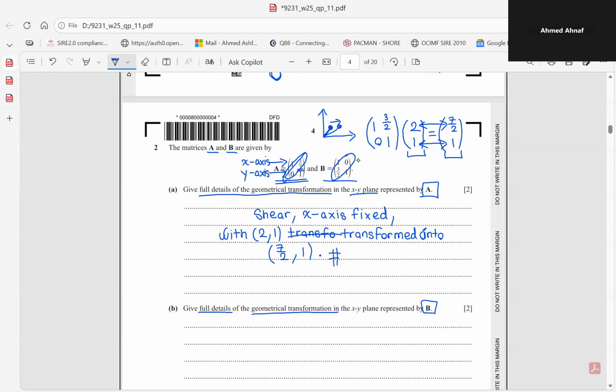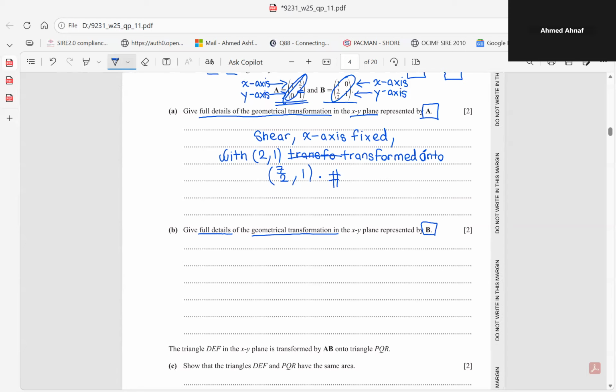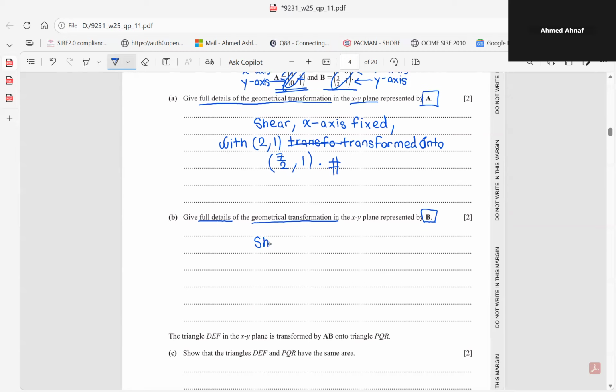Our top row element, which is the x-axis, is 0. And this time our bottom row element is the non-zero part. So this time it's our y-axis that is being fixed. So we can write shear, y-axis fixed.